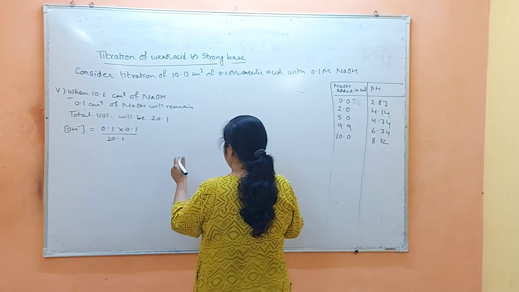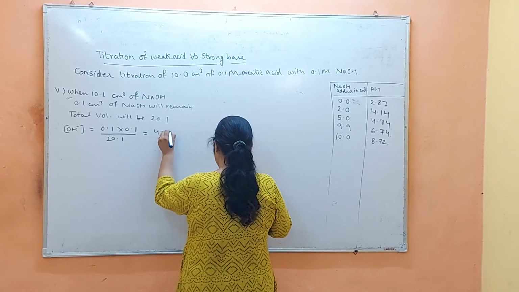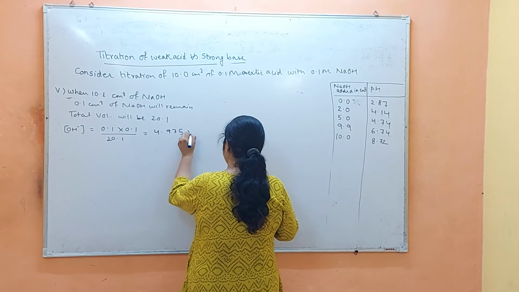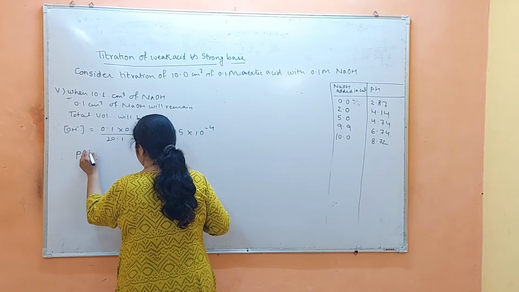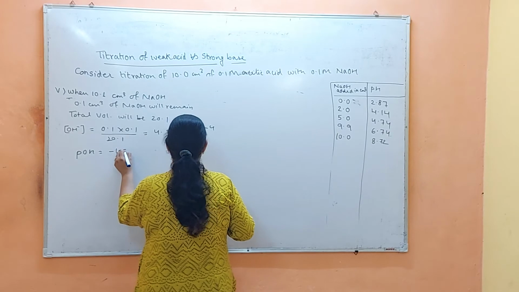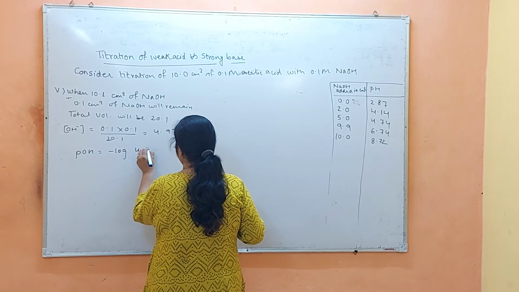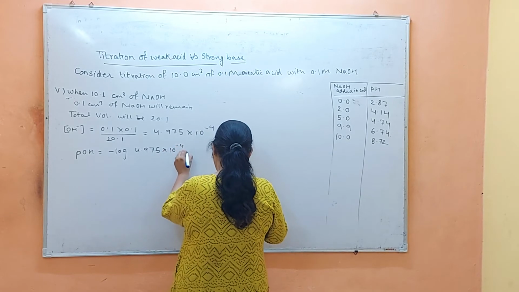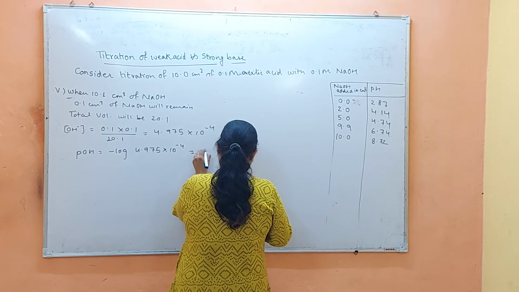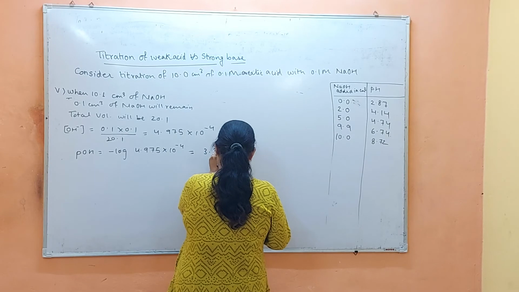So it comes out to be 4.975 into 10 raised to minus 4. So pOH is negative log of OH−, so negative log of 4.975 into 10 raised to minus 4, which comes out to be 3.303.